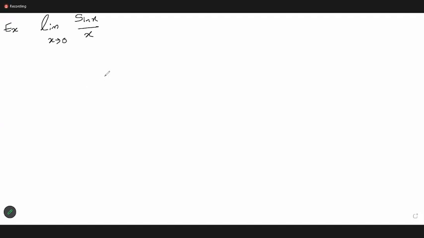For any problem where you have to find the limit, the first technique is just to plug in the value. What happens when you plug in the value into this function? It is undefined.